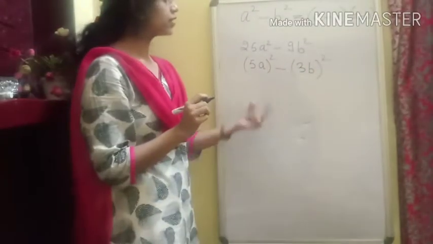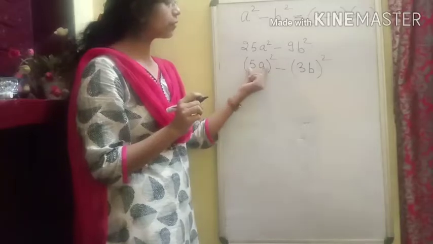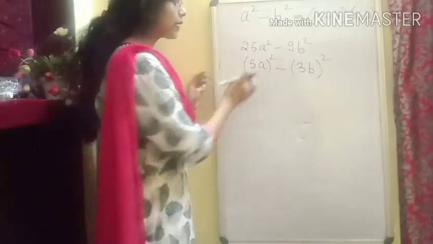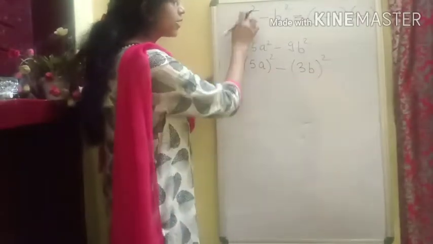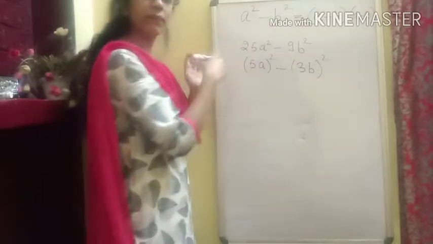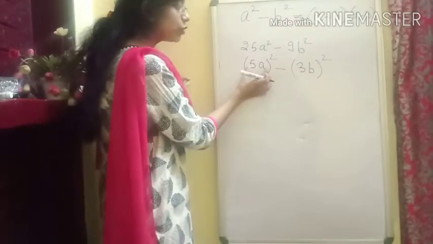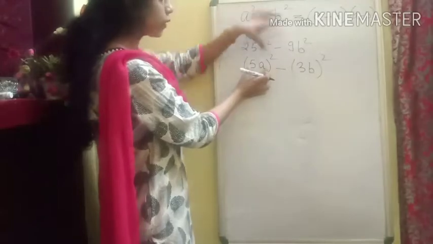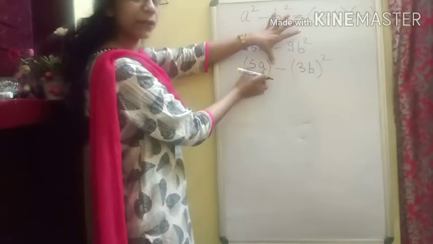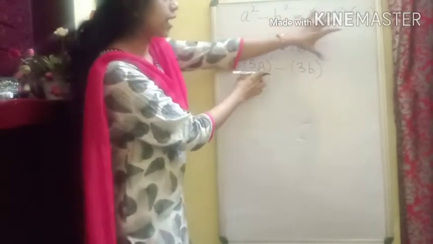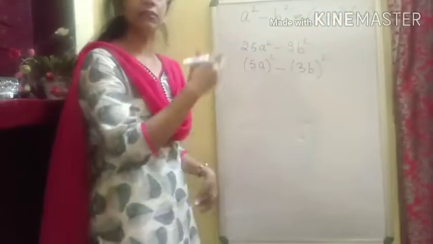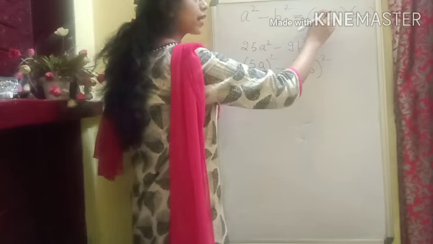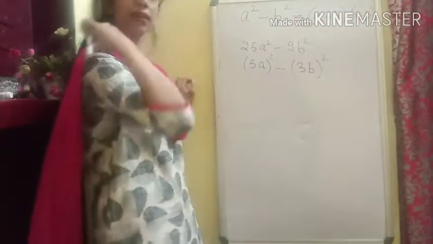Now as we have written this, it is like a perfect square, so we can compare it with a square minus b square. But at the place of a, what do we have? 5a, not the square, only this term 5a. At the place of b we have 3b. So according to the identity, what should we write? In one bracket a plus b, in another bracket a minus b.